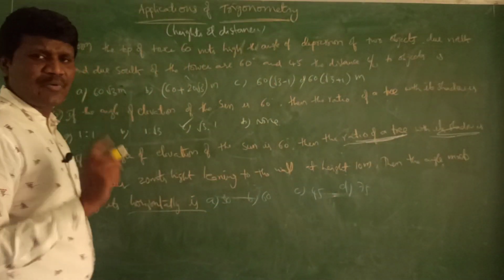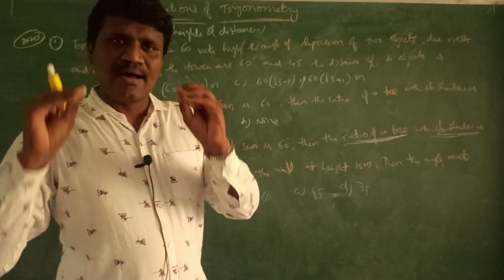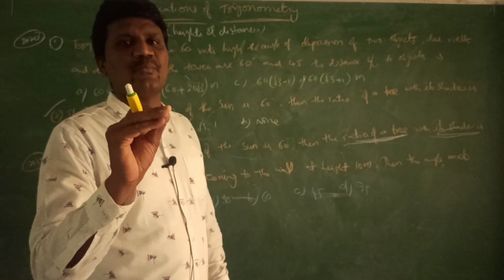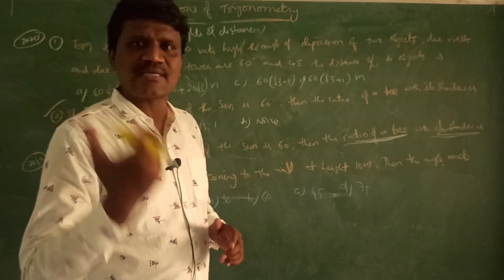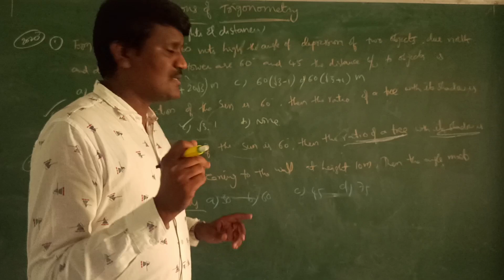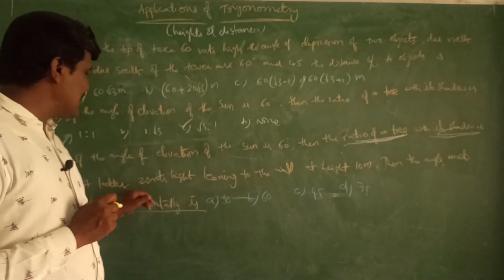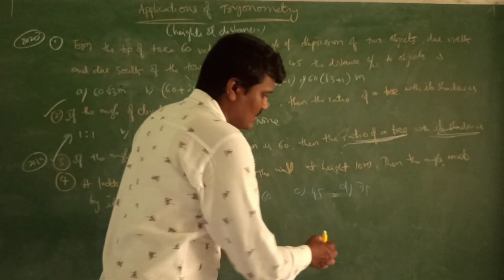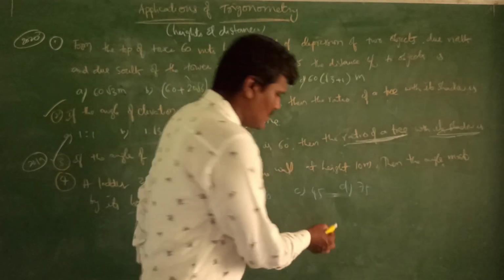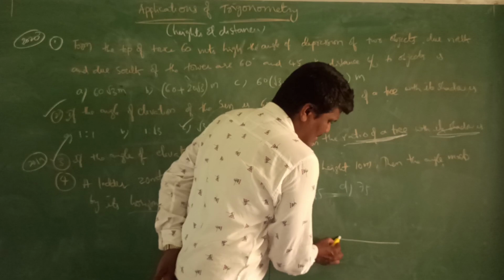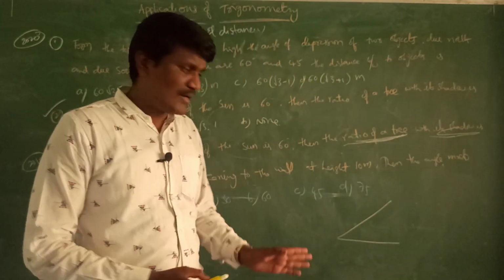So read the question properly. Here in the application of trigonometry, understanding the question is the most important. If you understood the question very well, easily you can solve the problems. Okay students, now a ladder 20 meters height, that means the height of the ladder is 20 meters. That means always ladder will be like this, right?